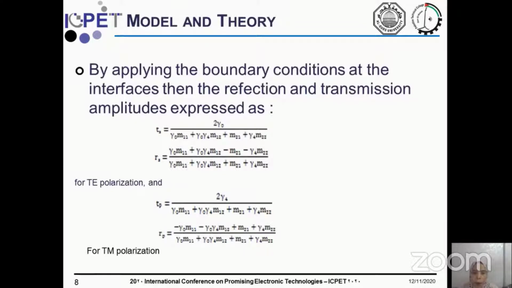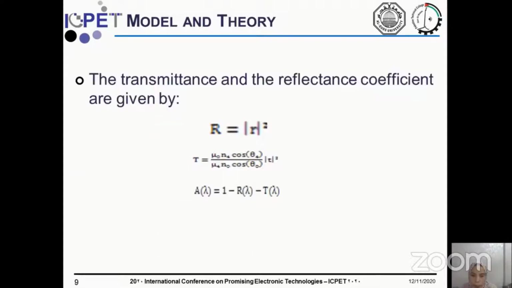By applying the boundary condition at the interface, since the tangential component of electric field and magnetic field are continuous at interface, then the reflection and transmission amplitude are expressed as we see. Then we can determine the transmittance and reflectance coefficient.